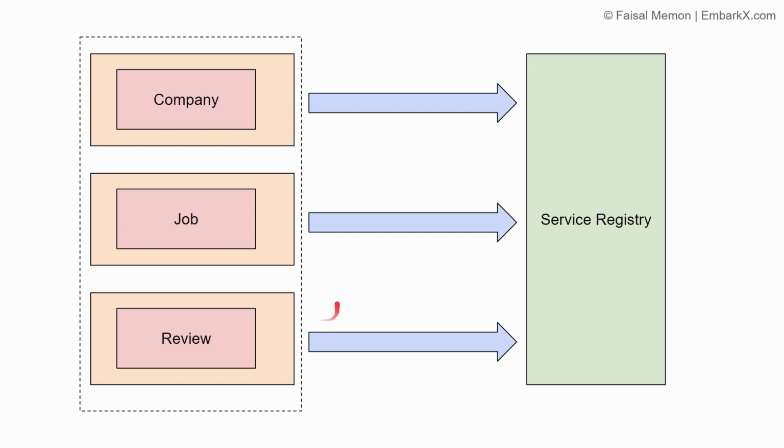If you want to talk to any microservice, you need to go to the service registry, get the location of that particular microservice, and communicate with it. This is how the service registry concept works. And like I said, you can think of it like a database populated with network locations of service instances.